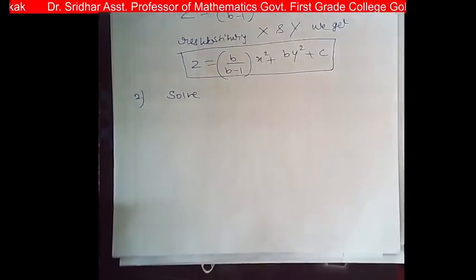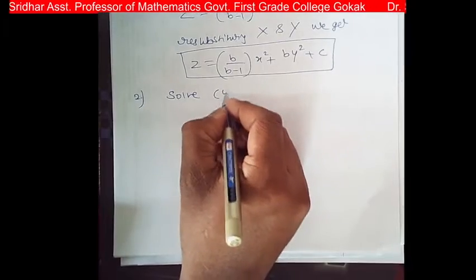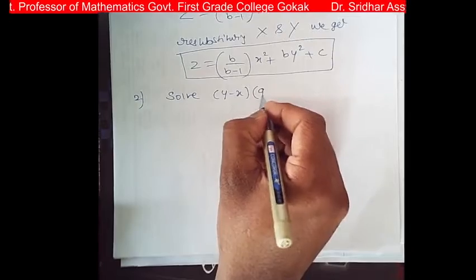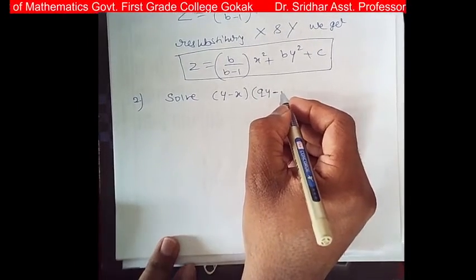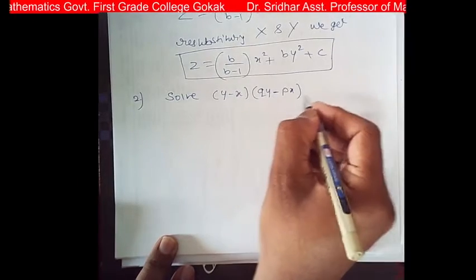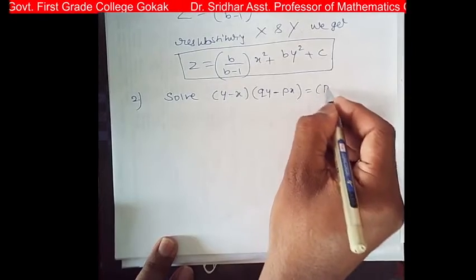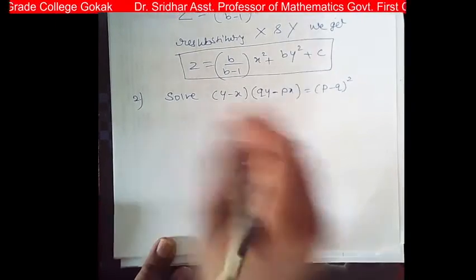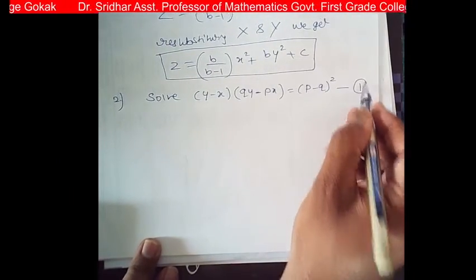Solve y minus x into qy minus px, qy minus px equal to p minus q whole square. Correct? So call this equation 1.